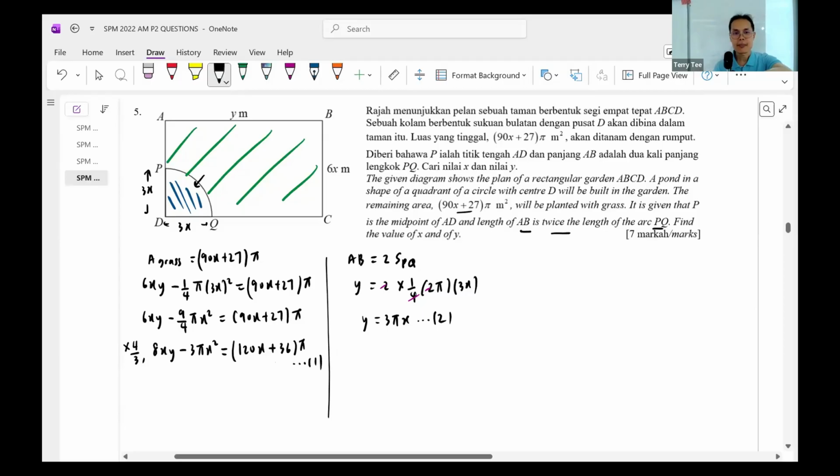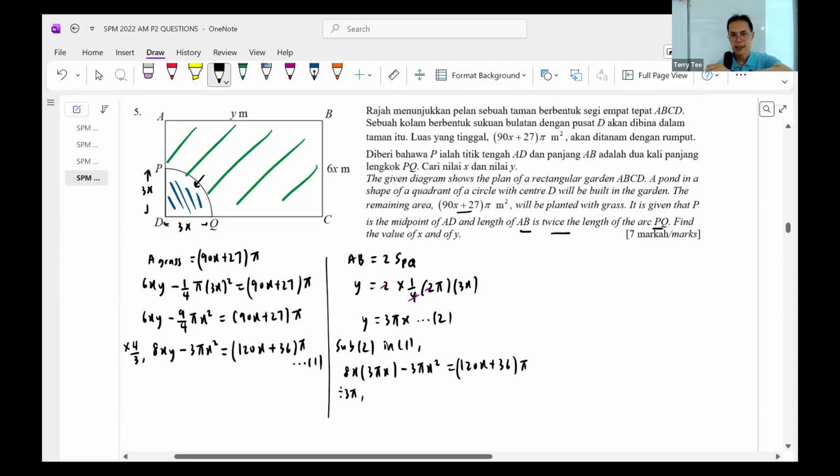I just simplified it. Now, next, we substitute equation 2 into equation 1. Your y is now 3 pi x, so 8 times 3 pi x squared minus 3 pi x squared equals 120x plus 36 bracket pi. Alright, now from here, I'm going to cancel. I divide everybody by 3 pi.